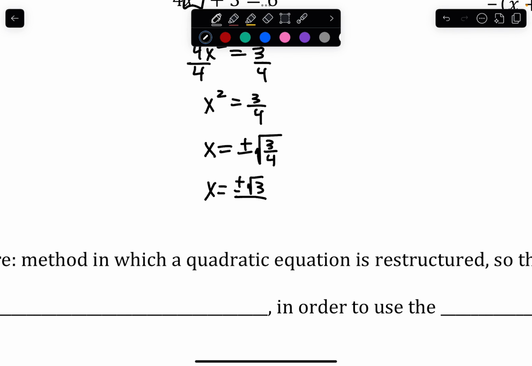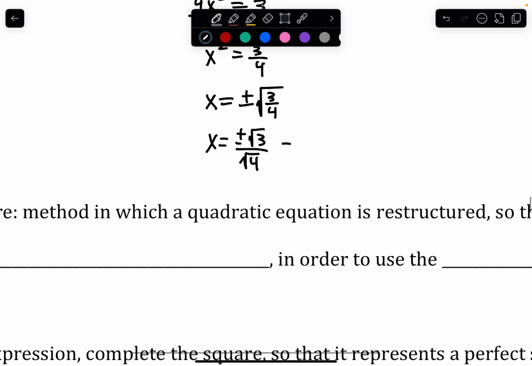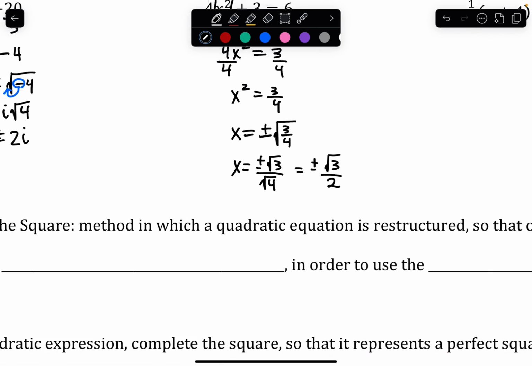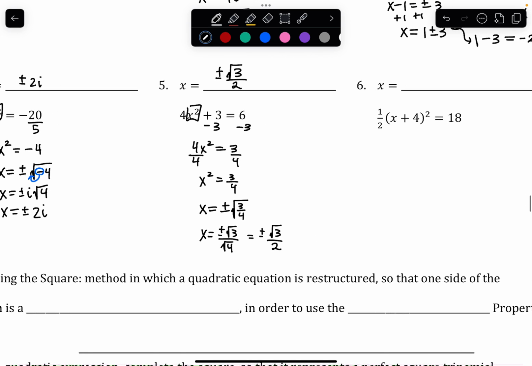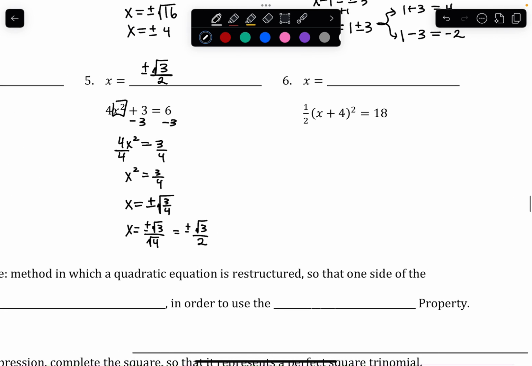Okay? And you don't want a square root left in the bottom, but luckily square root of 4 is just 2. And so you would leave your answer as plus or minus square root of 3 over 2. And you can put the plus or minus in the numerator, or it can be completely outside the fraction. Just make sure the 2 is not under the radical.